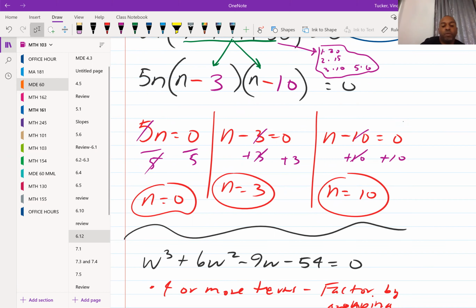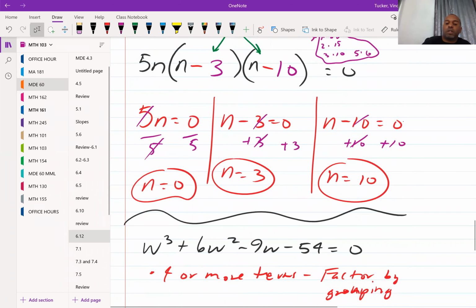Here we have w cubed plus 6w squared minus 9w minus 54 equal to 0. And once again, if we have 4 terms, we're going to lean on factoring by grouping.